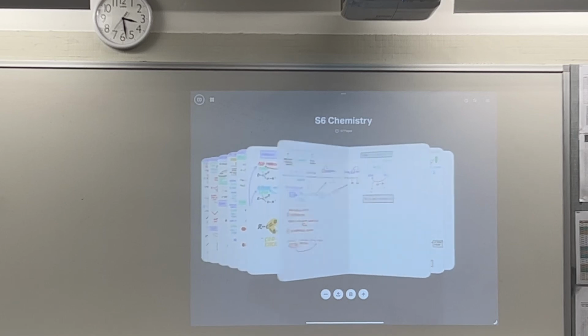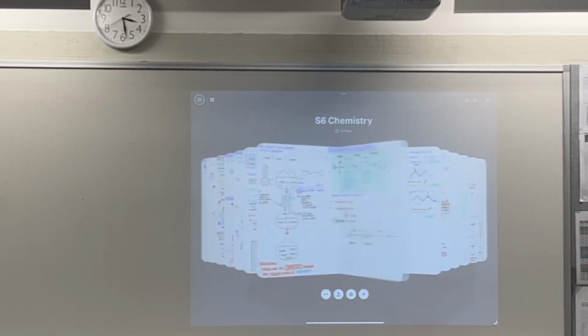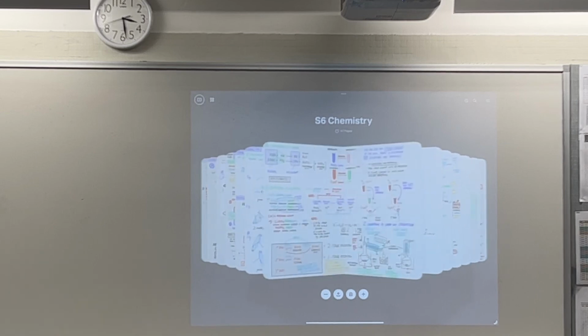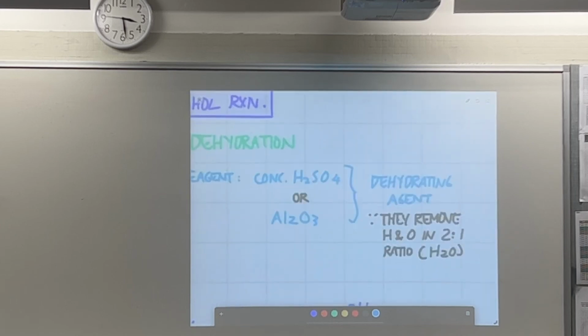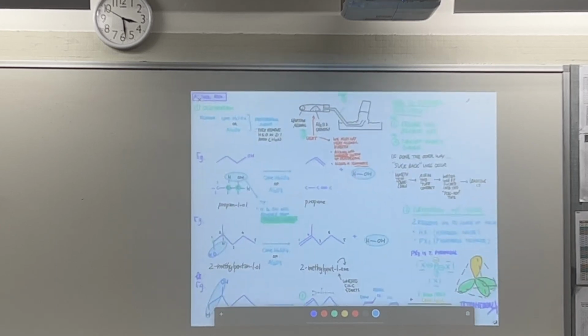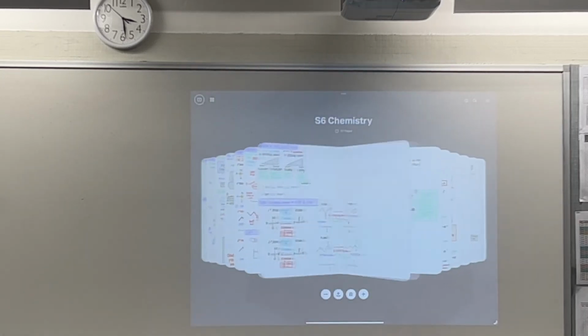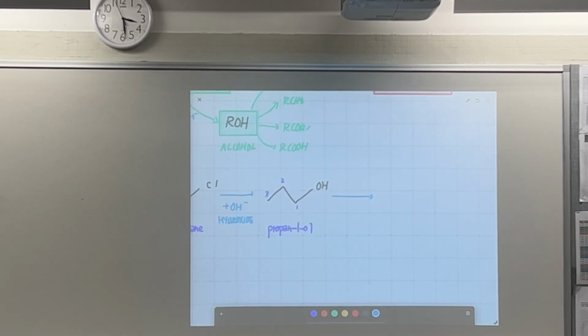See if anyone remembers. Al2O3. Okay, it's almost like you're squeezing out one letter at a time. So yeah, concentrated sulfuric acid or aluminum oxide. I don't know how many pages ago, almost 10 pages ago. If you still remember it, thumbs up. So you have Al2O3 or concentrated sulfuric acid.